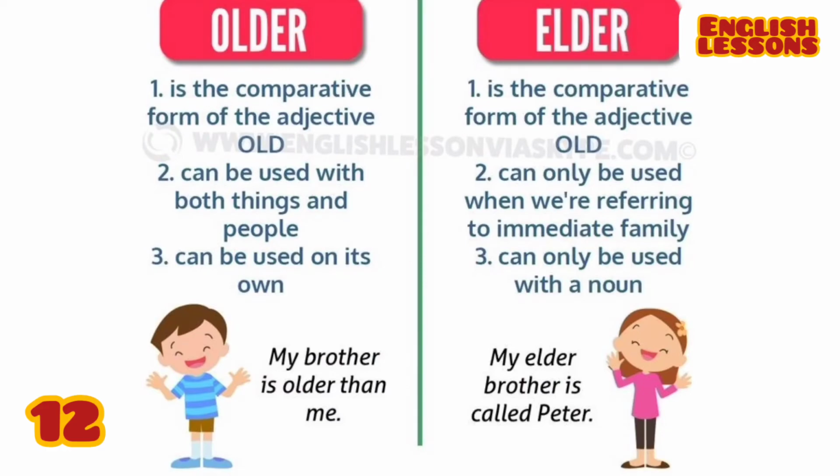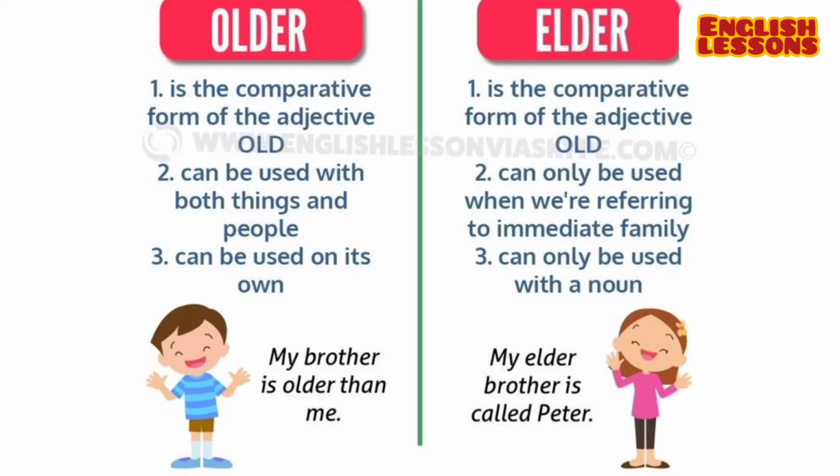Number 12. What's the difference between older and elder? Older means, number 1, older is the comparative form of the adjective old. Number 1 of elder. Elder is the comparative form of the adjective old.